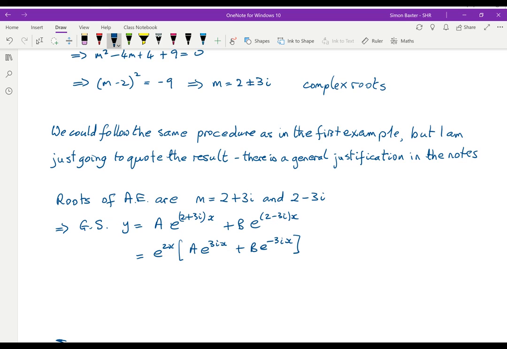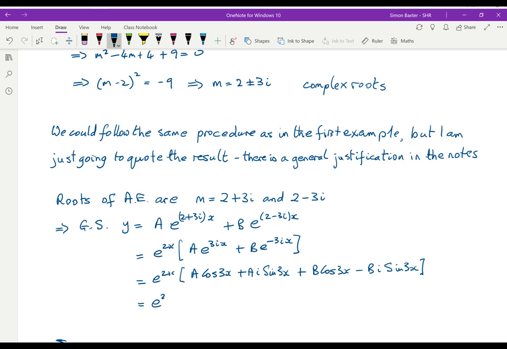And if you remember Euler's relation with your complex numbers, this is e to the 2x times a cos 3x plus a i sine 3x plus b cos minus 3x is cos 3x plus b i sine minus 3x is minus bi sine 3x.